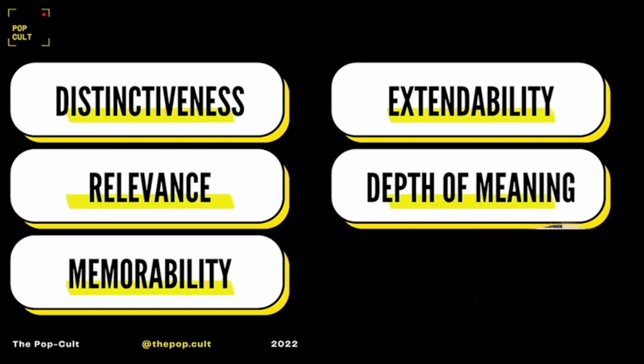Testing or validation is the process of measuring brands against meaningful criteria. All brand expressions, from icons to actual products, need to score high in the areas of communication, distinctiveness, relevance, memorability, extendability, and depth. So what is distinctiveness? Distinctiveness is the quality that causes a brand expression to stand out from other competing messages.